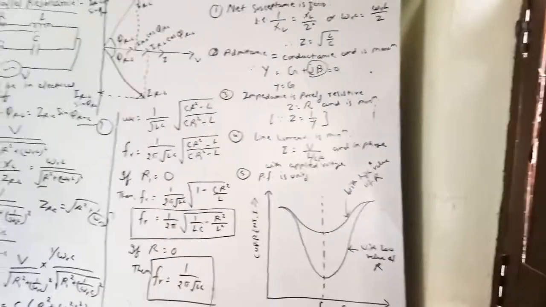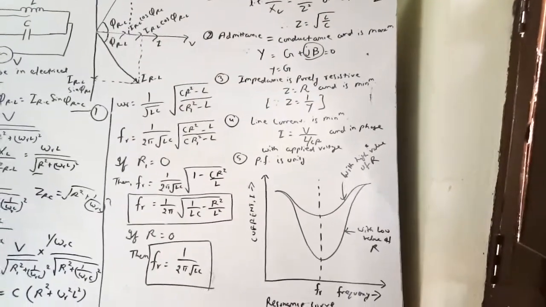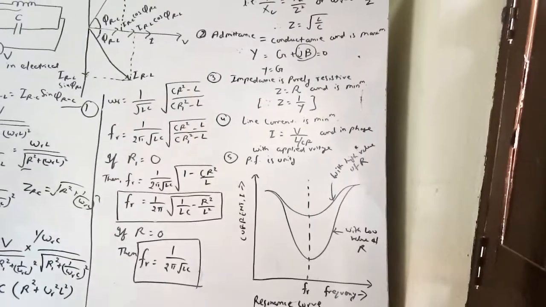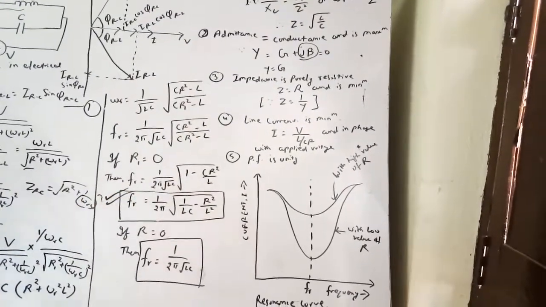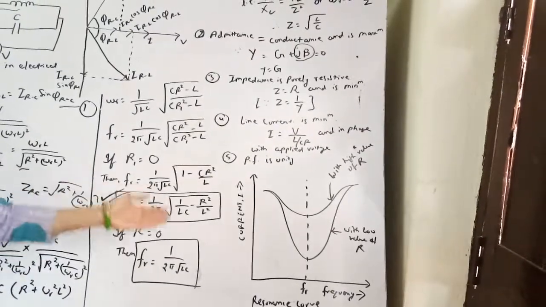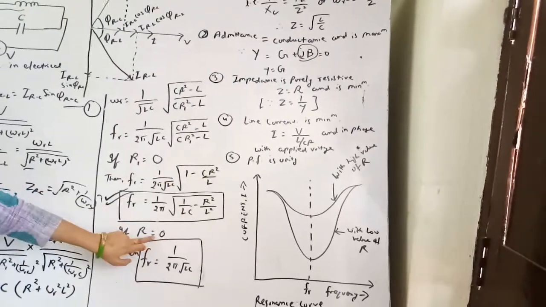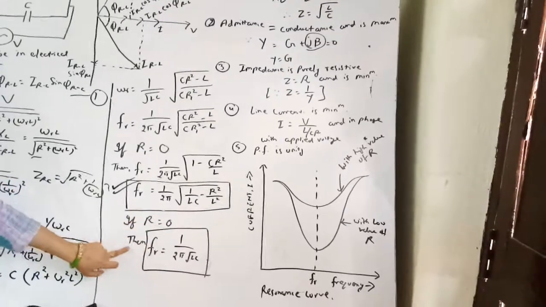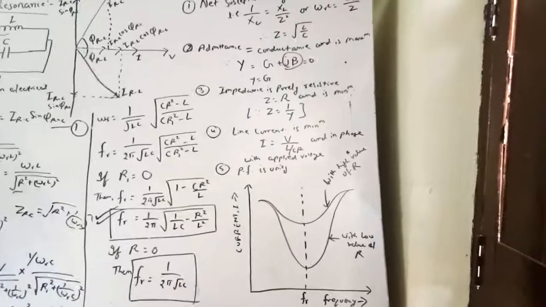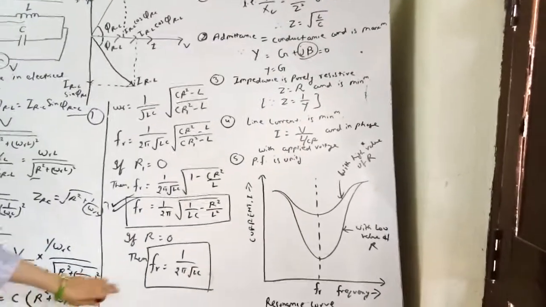Generally in the parallel circuit, R across capacitance is 0. So you have to learn this formula of FR for parallel resonance. Suppose that the resistance R across the inductance is also 0. So resonance frequency becomes 1 upon 2 pi root under LC, that is series resonance.